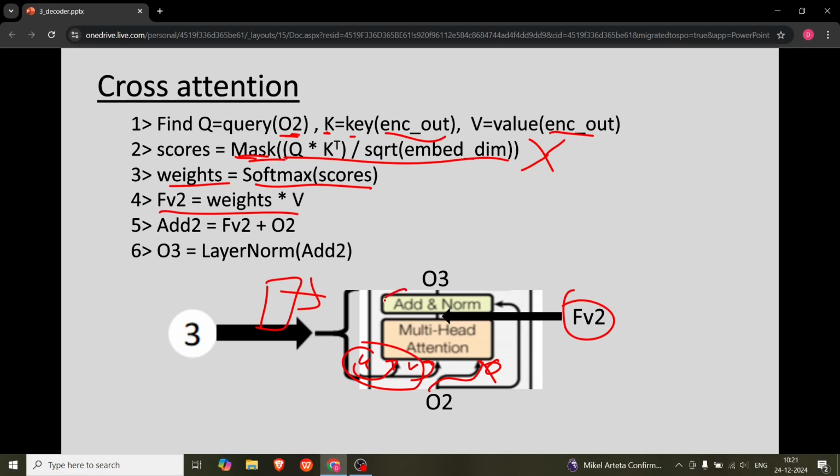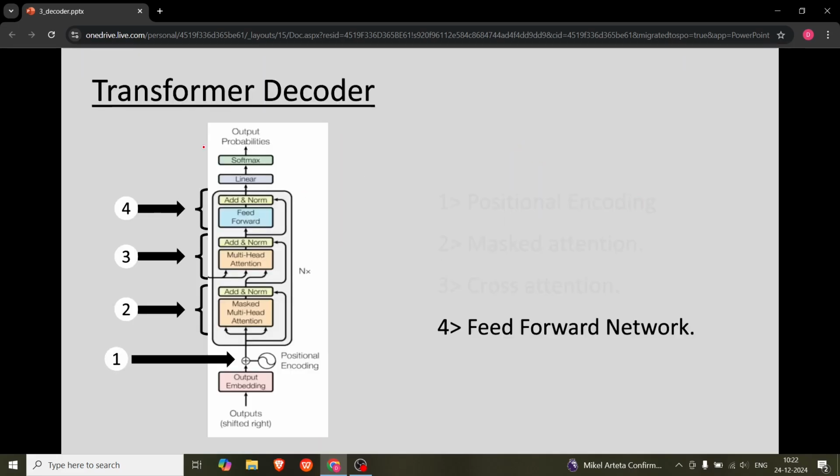And you have again add and norm, as you can see over here. So you're going to have add, which is going to be FV2 plus the input, which is O2. So FV2 plus O2. Finally you again have a layer normalization, and then you figure out your O3. Okay, then after that it's very simple. Finally you're going to do a feed forward neural network, very simple over here, nothing great.